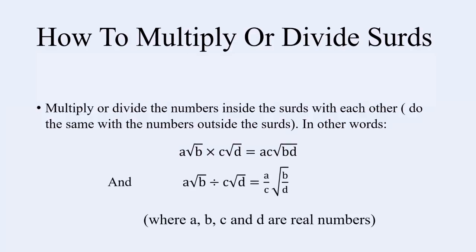Also, a times root b divided by c times root d is equal to a over c times the square root of b over d. Let's go through some examples of multiplying or dividing surds.